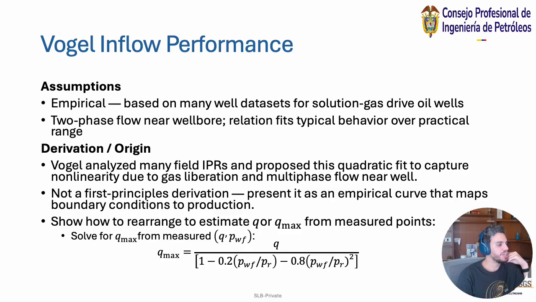So if you rearrange Q over Q max for measured points, you can solve for Q max from a measured Q. So given the volumetric flow rate and the pressure at the wellbore, you can rearrange this equation and get your theoretical flow. And that's what it's used for.